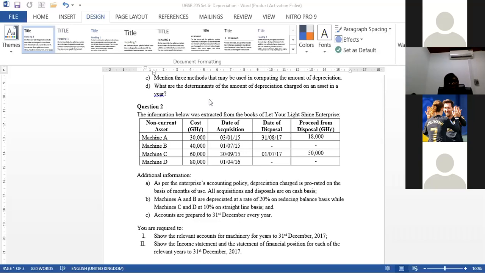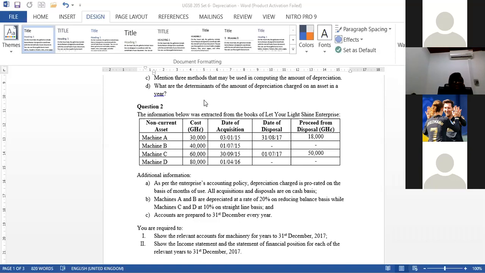So for instance, if you have a statement like, it is the policy of the business to allocate depreciation equally over the useful life of the assets, which method are you supposed to use? Straight line. Exactly. So impliedly, that statement has given you an indication. So even though you may not say that the policy is to use straight line, implied in that statement is for you to use straight line.